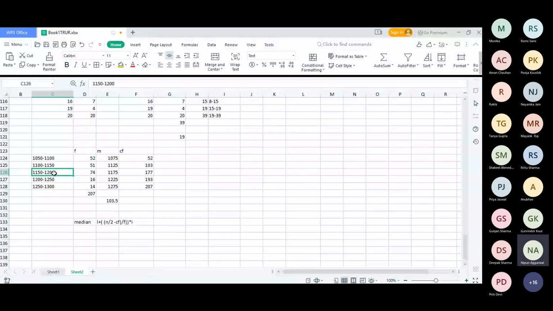We have already found the median class, that is 1150 to 1200.